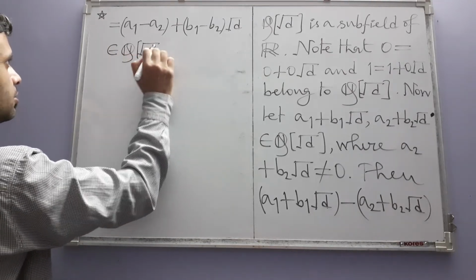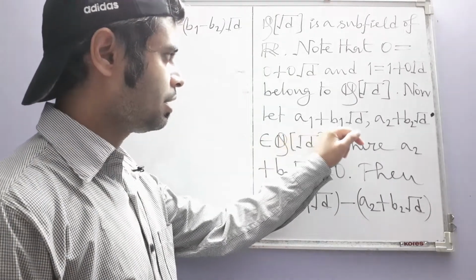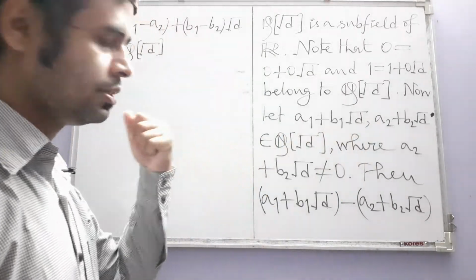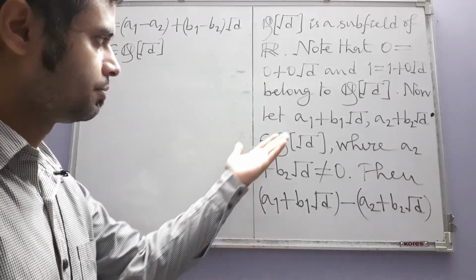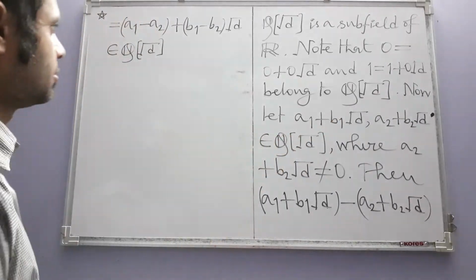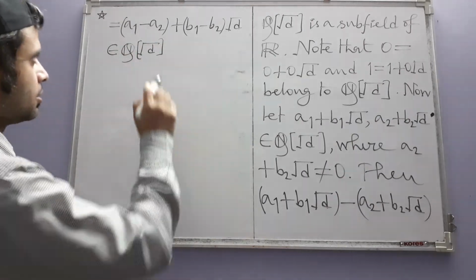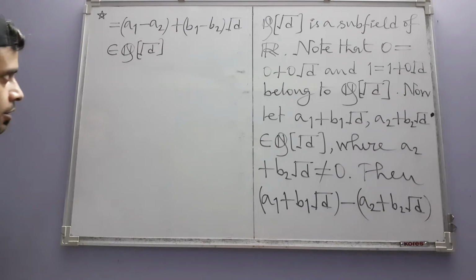What is the reason for this? That is because A1, B1, A2, B2 are rational numbers, simply because that type of things are there in this set. So their differences are also rational numbers, and that is why this is again in Q root D.